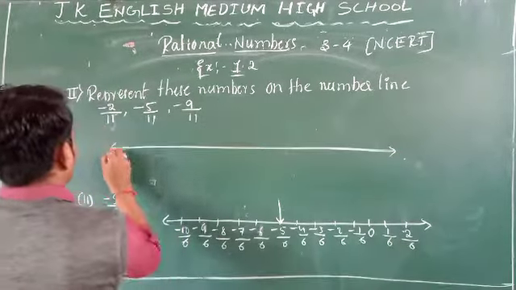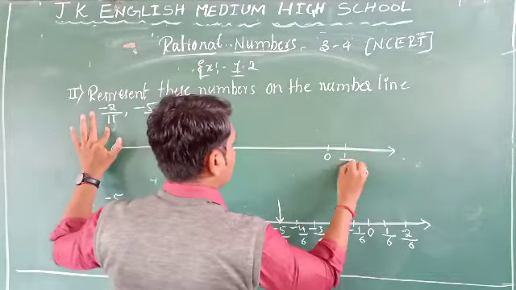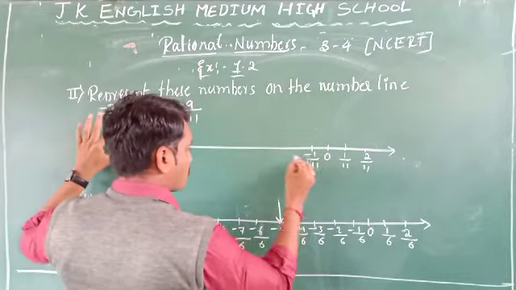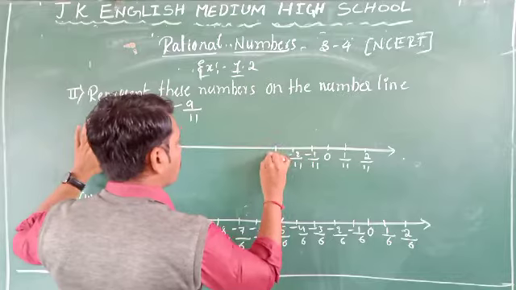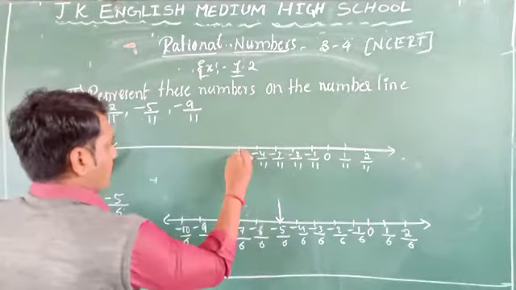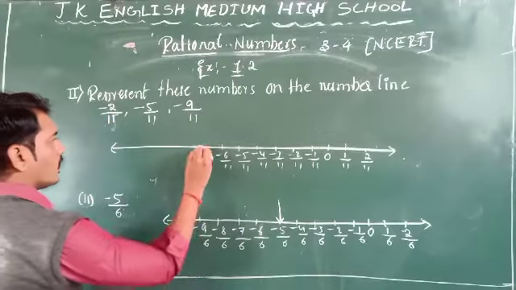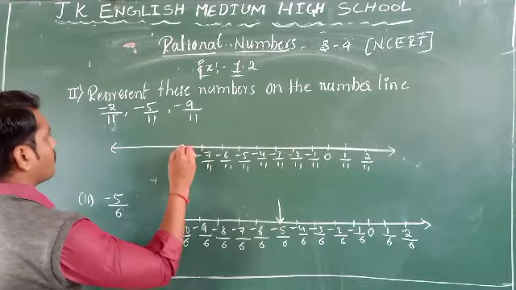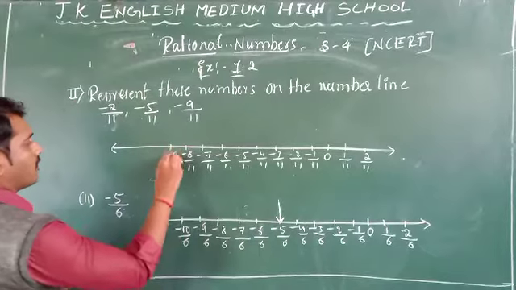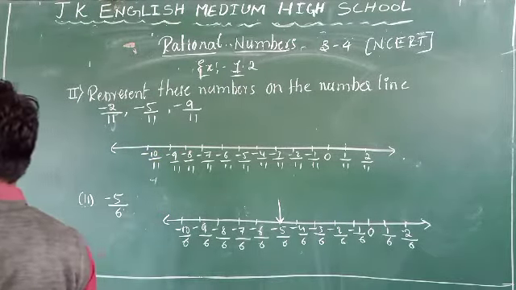As usual, draw a straight line and mark 0. What's the denominator? 11 is there. 1 upon 11, and so on, minus 4 upon 11, minus 5 upon 11, minus 6 upon 11, minus 7 upon 11, minus 8 upon 11, minus 9 upon 11, minus 10 upon 11.